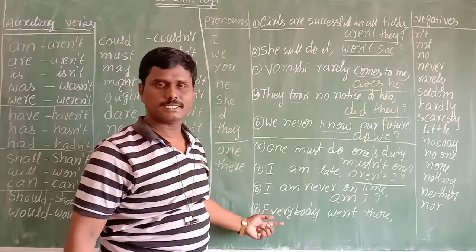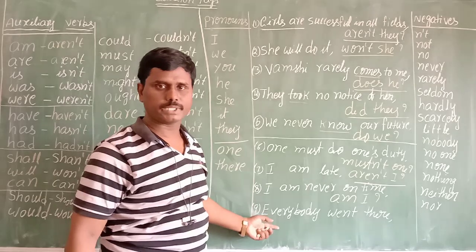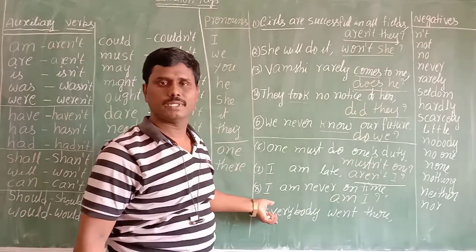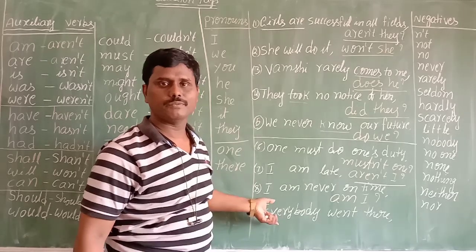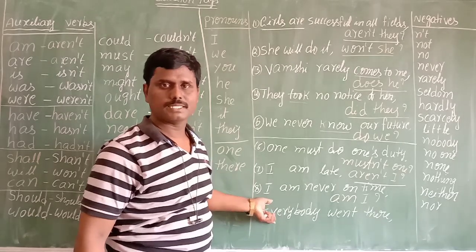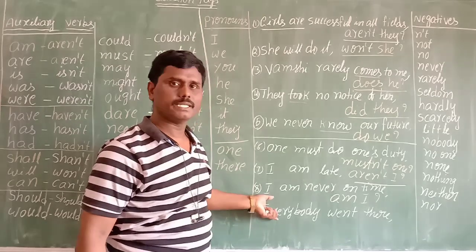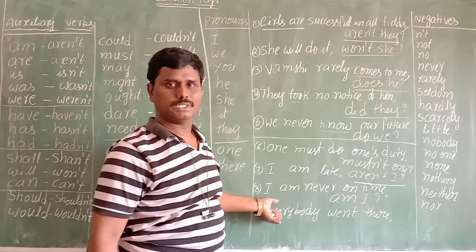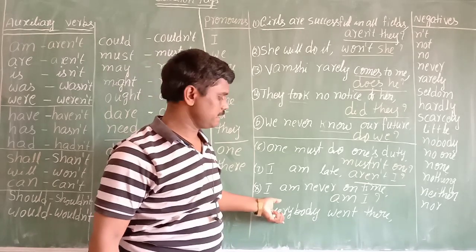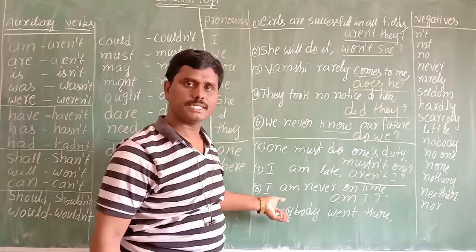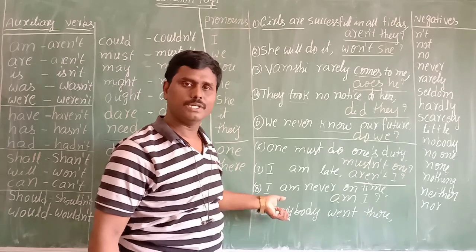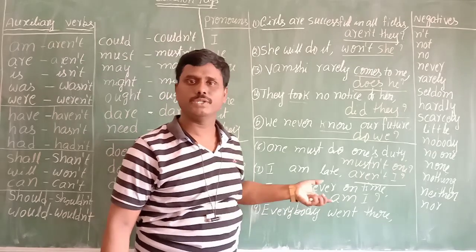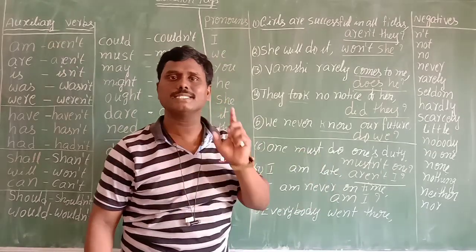Next. Friends, this is another very important topic. If the subject is everybody, everyone, everything, somebody, someone, anyone, anybody, nobody, that means an indefinite pronoun, the pronoun we use is always they.